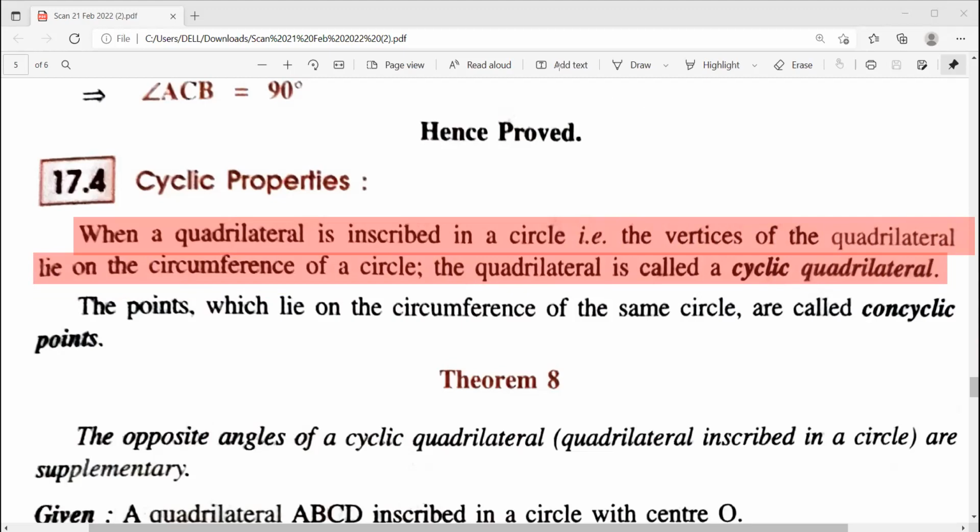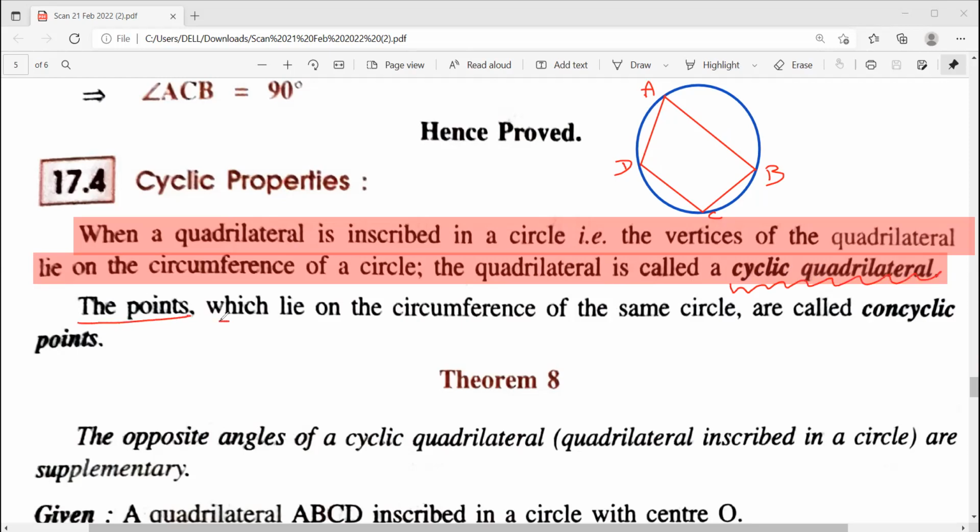I will show you an example. Suppose you have a circle. Now you draw a quadrilateral in such a way that the vertices of this quadrilateral are lying on the circumference of the circle. If I name this quadrilateral ABCD, then remember that this quadrilateral ABCD is a cyclic quadrilateral.